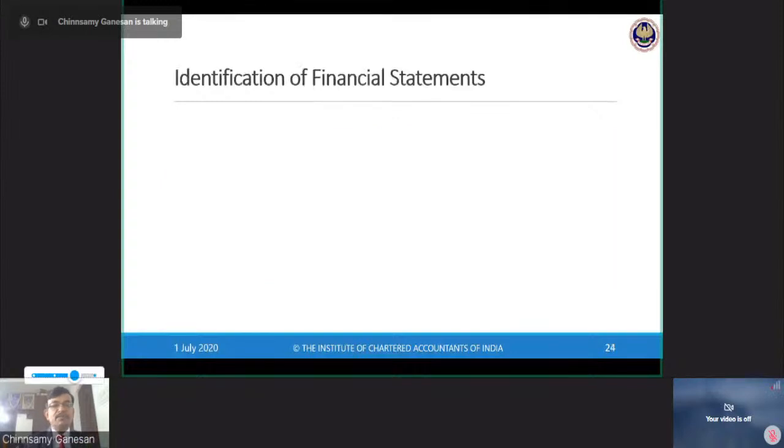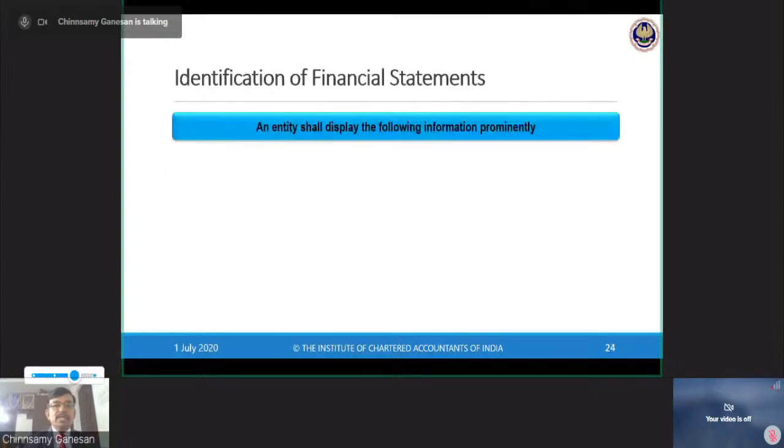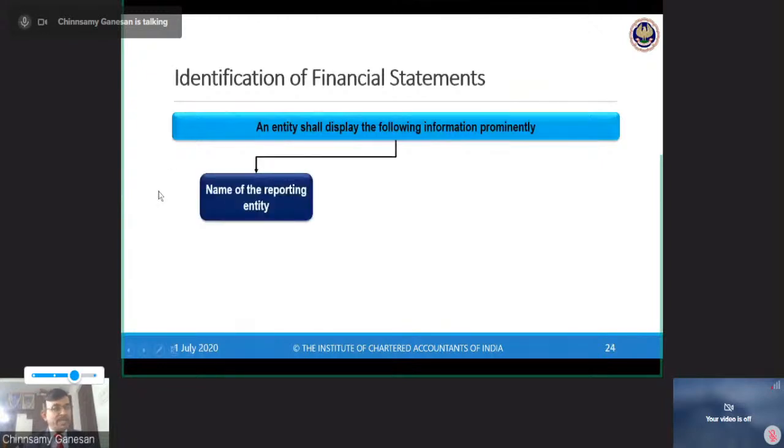Now, when we are talking about the identification of the financial statement, normally you are expected to show the name of the reporting entity, and whether it is a standalone financial statement or consolidated financial statement. For example, XY Limited. Then the next line you say consolidated balance sheet as at, consolidated statement of profit and loss for the year ended so and so, consolidated cash flow statement for the year ended so and so.